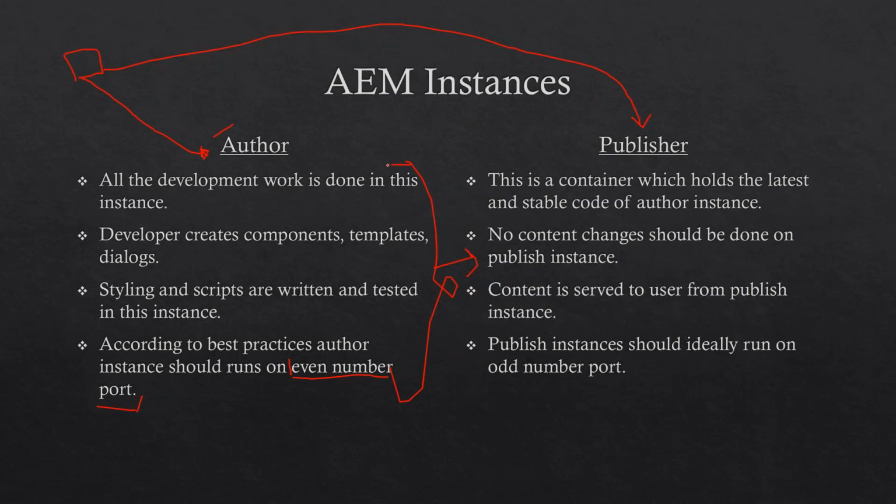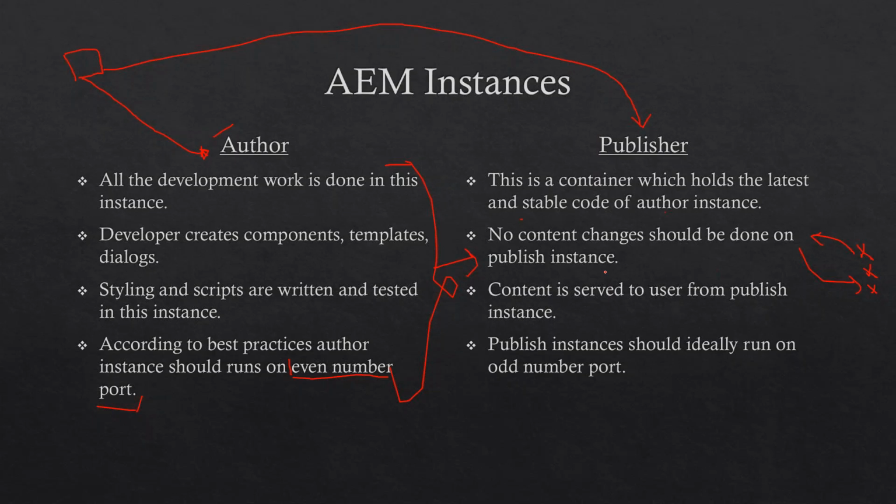So what publisher does is, publisher is just a container which holds all the code that you develop, and it is used to serve the content to the end user. This is my end user. Whenever they request some data, publisher would be the one serving the content to them. They won't get the data from author. We develop things over here, we push it, and we tell the publisher, hey publisher, now you do whatever you want with the data.